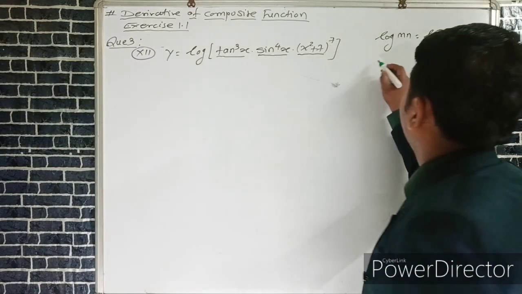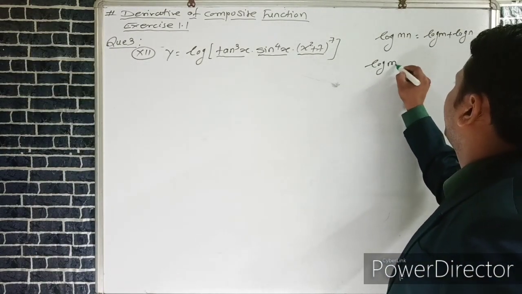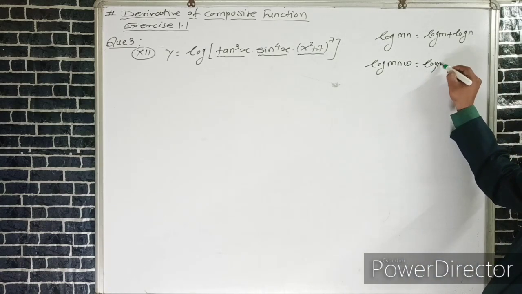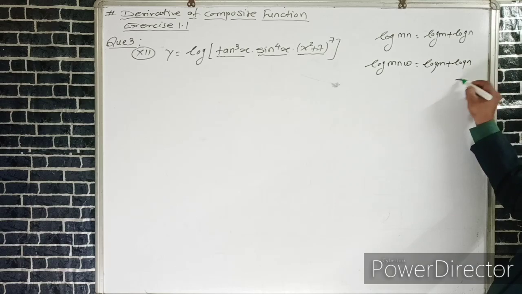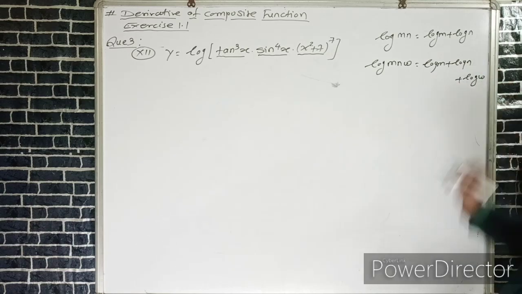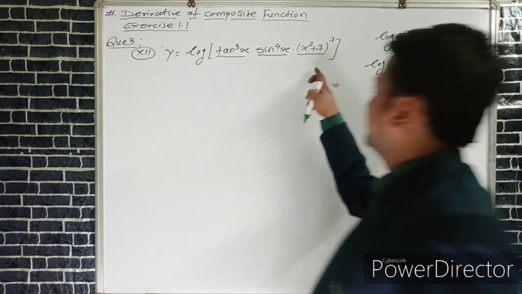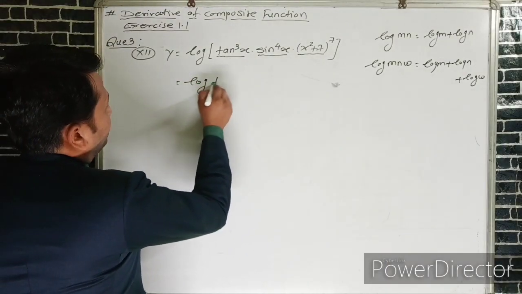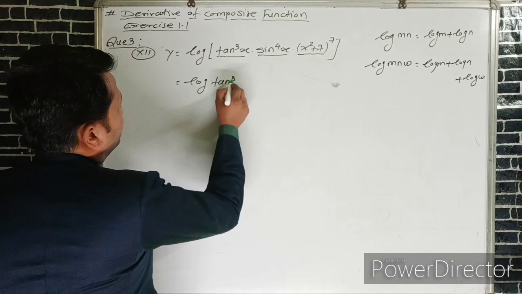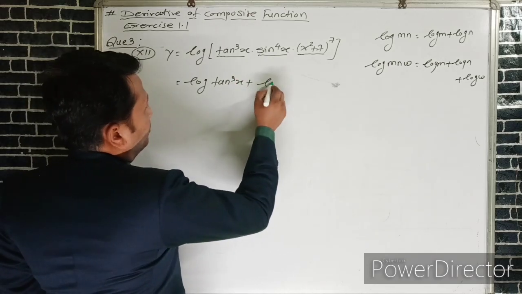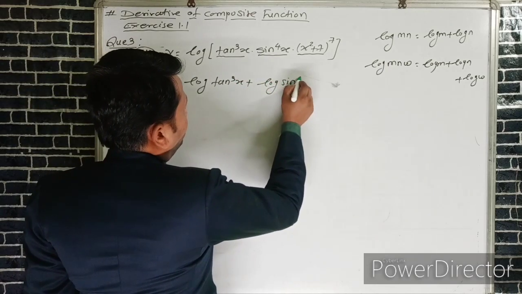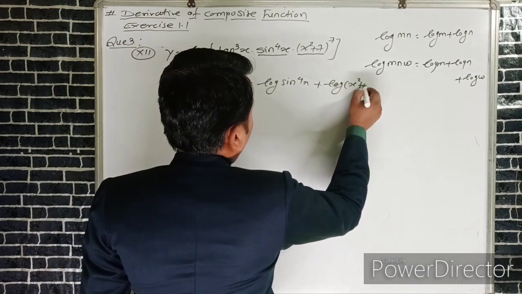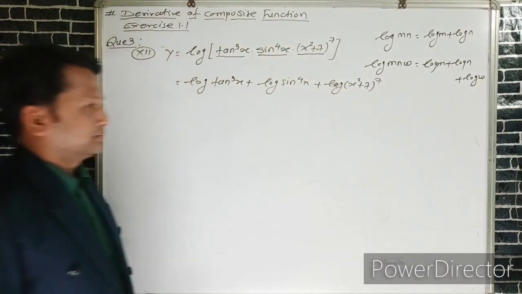If we take three functions m, n, w, then we can write log m plus log n plus log w. By using this rule, we can write log of tan cube x plus log of sin raised to the power 4x plus log of (x squared plus 7) whole raised to the power 7.